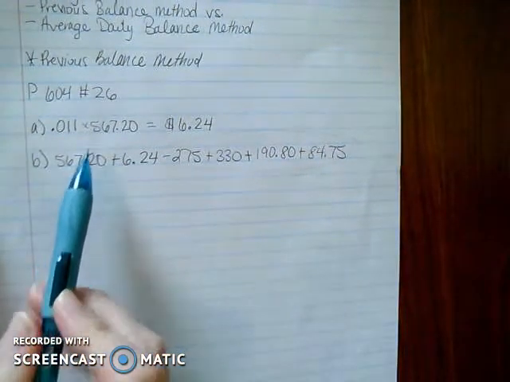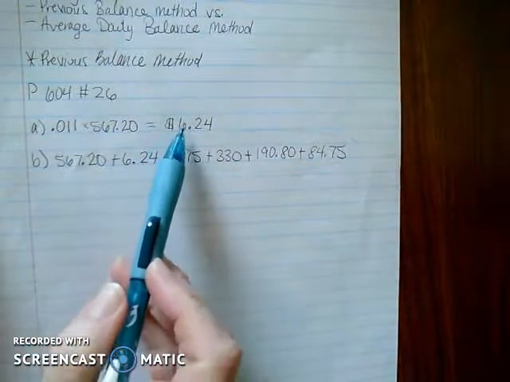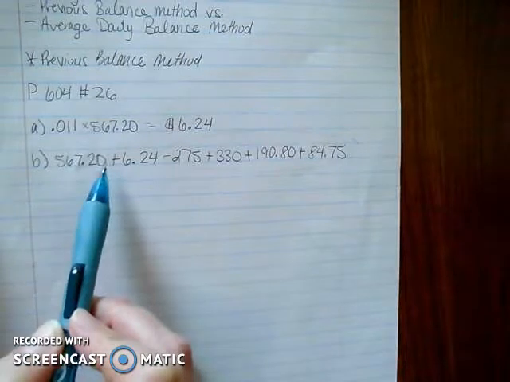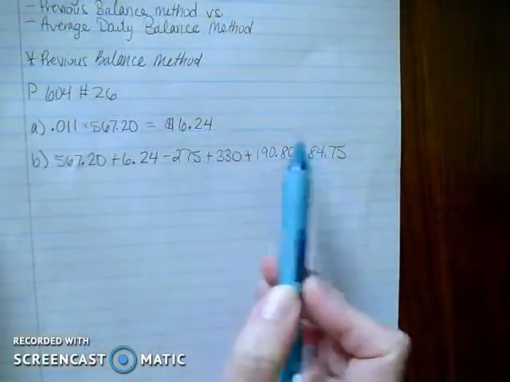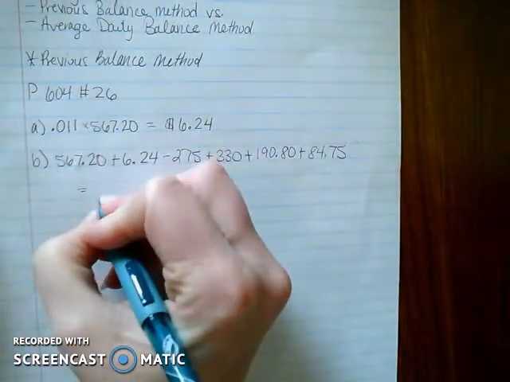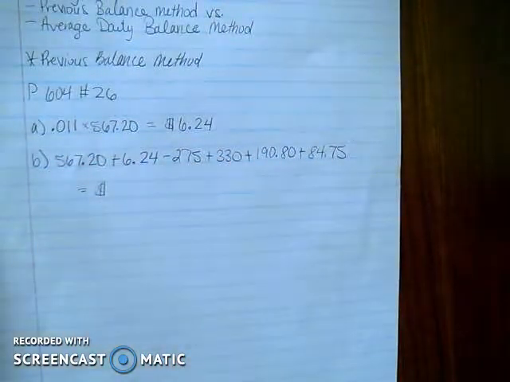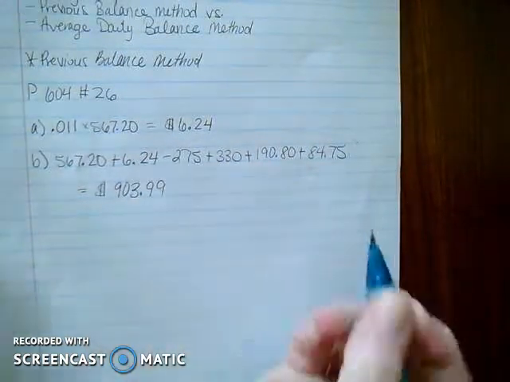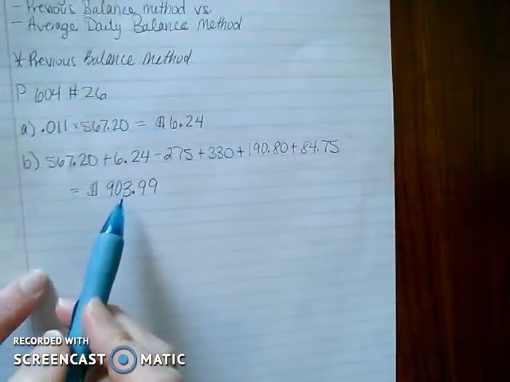You need to bring over your balance, $567.20, plus whatever interest got accrued on that. So that's where those two come from. And then all of the other stuff that you add or subtract throughout that month. So that's your total. That's what your new balance is going to be. And that comes up to $903.99. So then if we did it the next month, this would be your carryover balance.